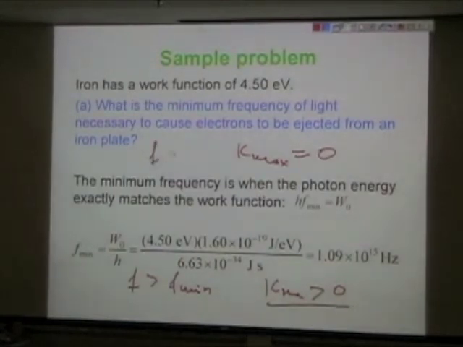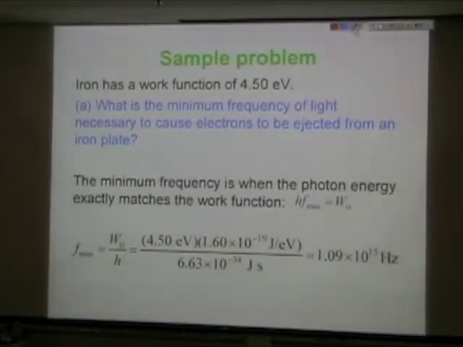If the frequency is lower than the minimum, or we call it the cutoff frequency, lower than that, there is no photoelectric effect happening. All electrons stay inside. What about wavelength? If you know the cutoff frequency, can you calculate the cutoff wavelength? Yes, of course. The wavelength is equal to the speed of light divided by the frequency.